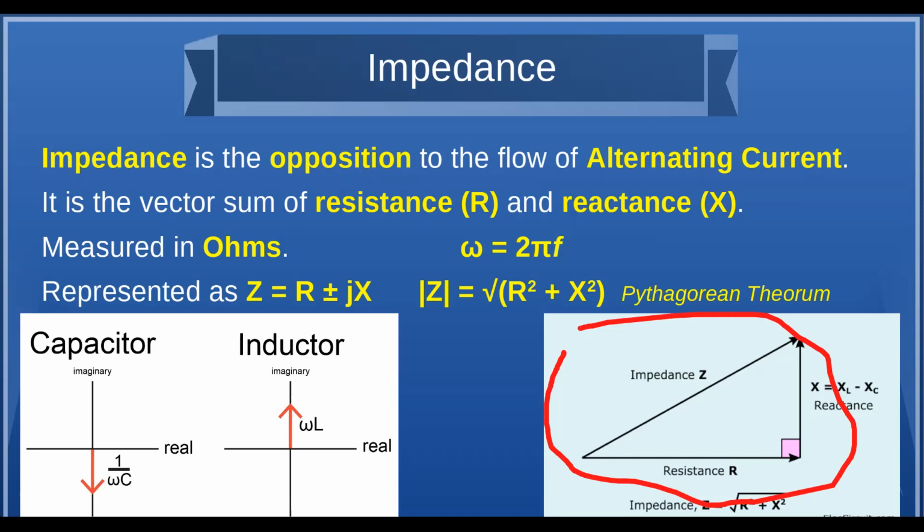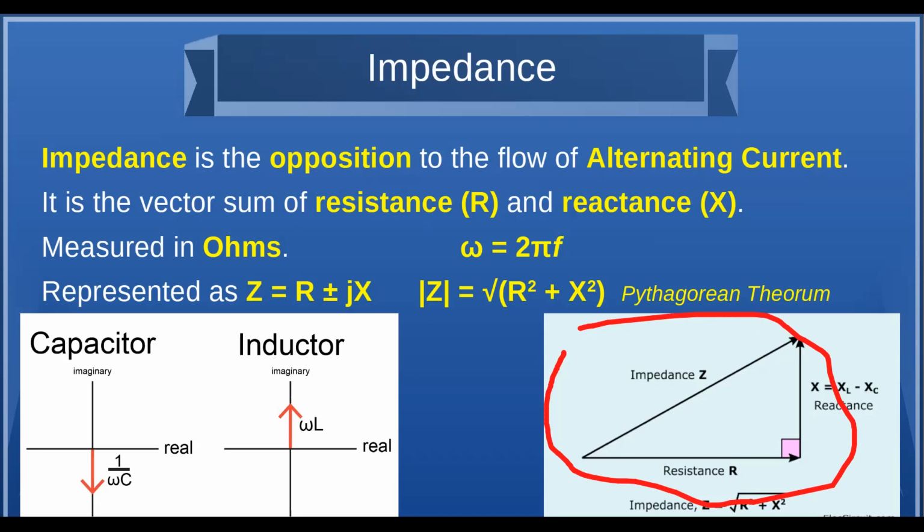Because nobody knew, they called it I. Well, in electrical engineering, because we use I for current, we use J. So if you see some math stuff with I's in it, it's the same thing as J in electronic or electrical engineering. So that's how we represent things on the complex plane or the imaginary axis, with that J, which is the square root of -1.